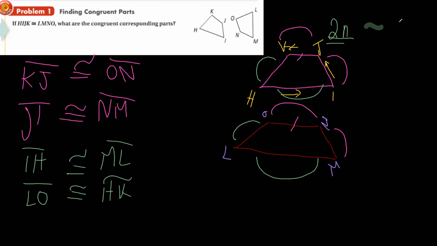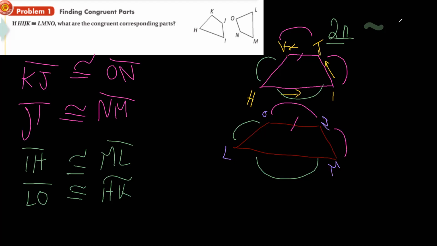Yes, Huda? What's 2n? It is our formula rule. That's the number of the elements is 2 times the number of the sides. Please wait. After I continue, I will tell you what's the meaning of 2n.